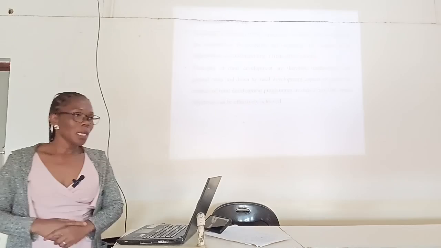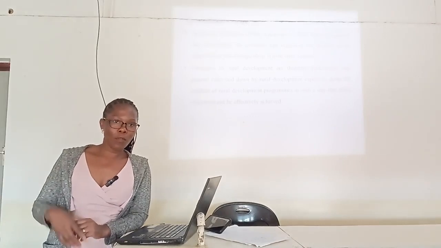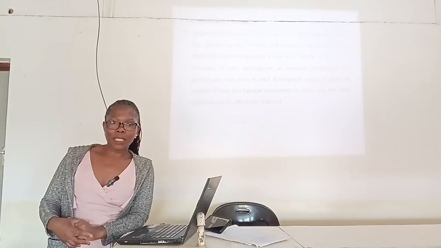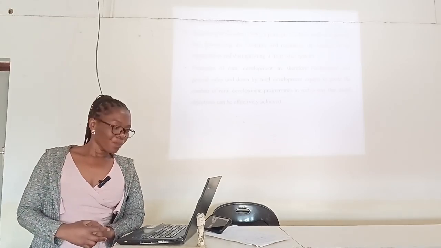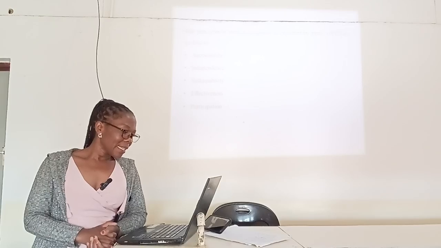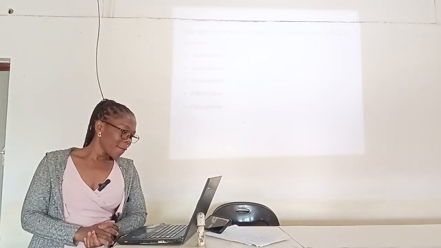The objectives that we discussed. So there are some rural development principles that need to be followed for rural development programs to achieve the objectives. The principles of rural development include accessibility, independence, sustainability, effectiveness, and participation.